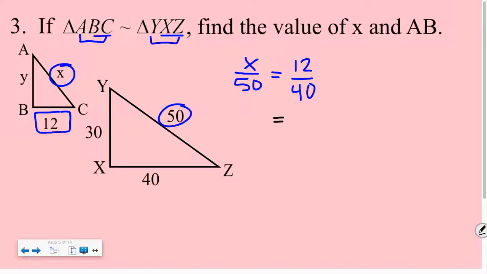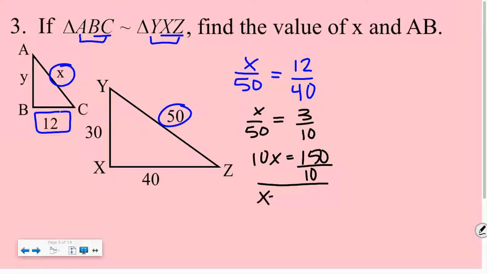How many times does 4 go into 12? And into 40. Okay, so now when I go to cross multiply, 10 times x, 50 times 3, divided by 10 means x is 15. You should get the same thing if you use 12 and 40 in a calculator, but don't depend on them. You don't need to.